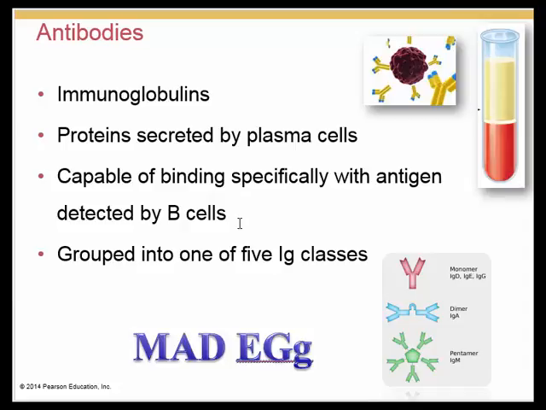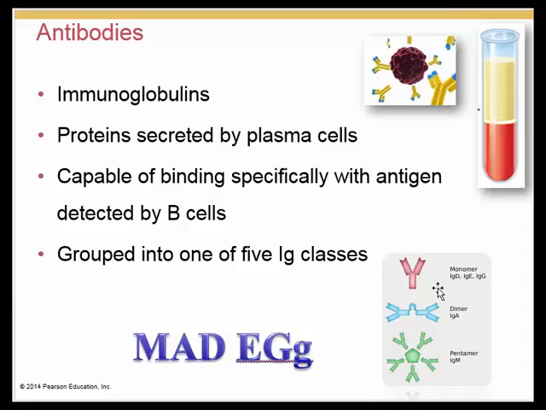What I haven't shared yet is that all antibodies don't look like this Y. There are actually 5 different types of antibodies. There's IgM, which is the pentamer. There's IgA, which is a dimer, so you have 2 structures of the antibody. And then there are 3 types of monomer antibodies that look like this.